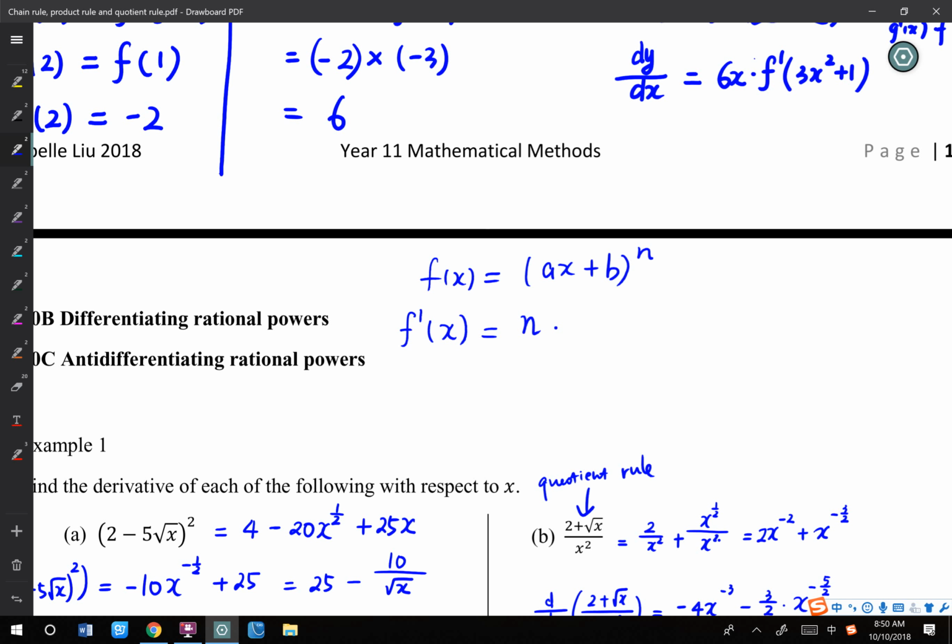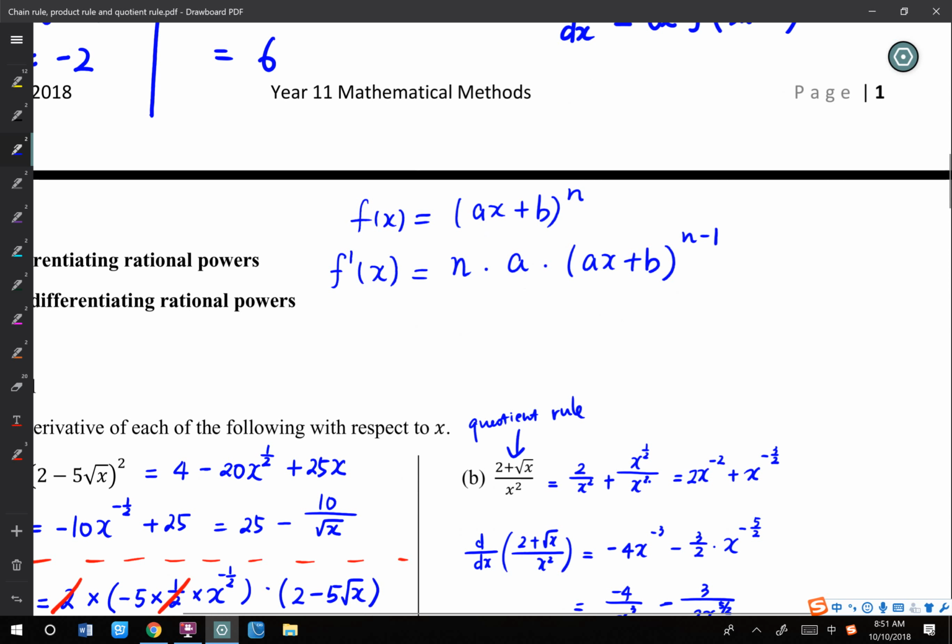Derivative of the inside, a. And what's the next step? Yep, (ax plus b) to the power of n minus 1. Okay, that's the derivative. Still three steps, but I restrict the g(x) to become a linear. So the three steps are times by n, times by the coefficient of the linear, the a, like the gradient of the linear, because when we differentiate the linear, we get the gradient. And then the third step is still minus 1 from the power.